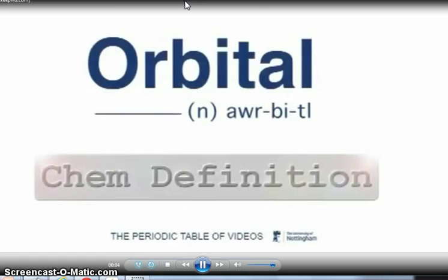This word is orbital. It is about how electrons orbit round the nucleus in an atom. Now, we used to think, in Rutherford's time, that the electron went round like the Earth goes round the Sun. But in fact, you can't treat it like that, because the electron is all over the place.